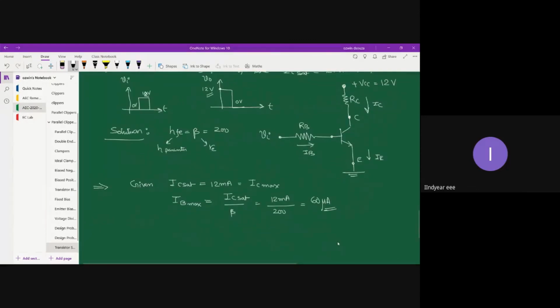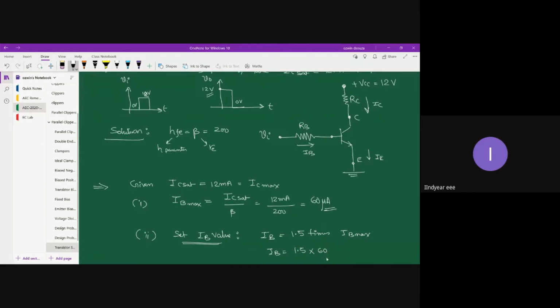Once IB max is known, what you can do is set the IB value from the design rule. So let us take IB equal to 1.5 times IB max. So our base current is going to be 1.5 times the maximum base current found in the previous step.